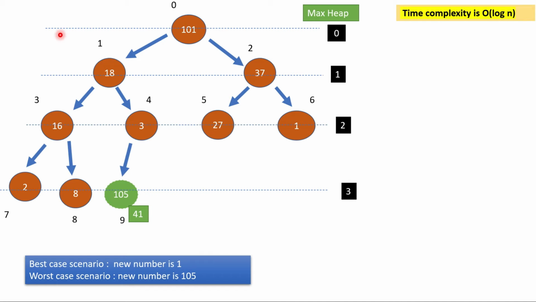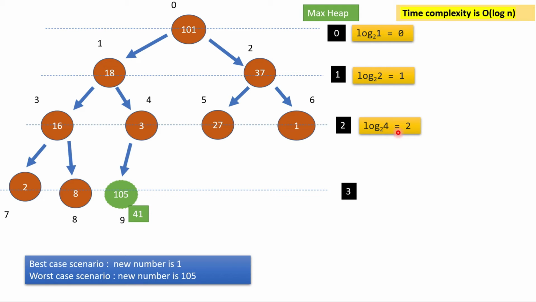I have marked all the levels here. This is 0, then 1, this is 2, and this is 3. Here only one element is present, which means log of 1 base 2 is 0. Here 2 elements are present and it is filled. No more elements can be present in this level. So that is 1. Similarly, here 4 nodes are present, and this is the maximum that can be in this level.